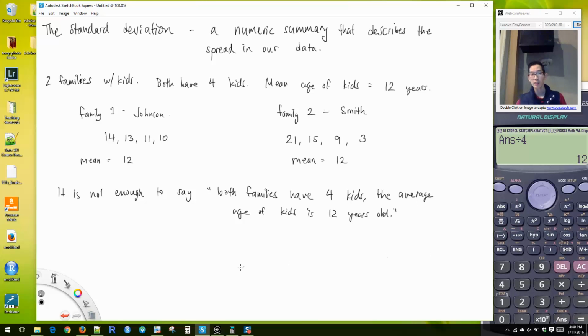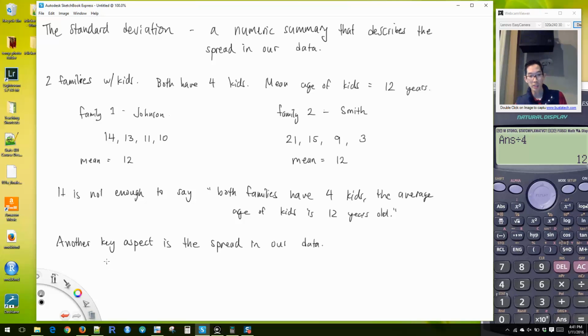There's another aspect, which is the spread. Another key aspect is the spread in our data.